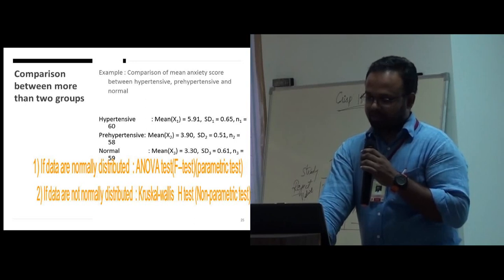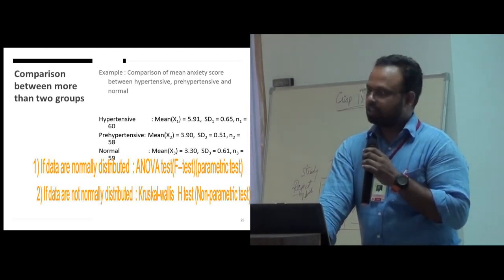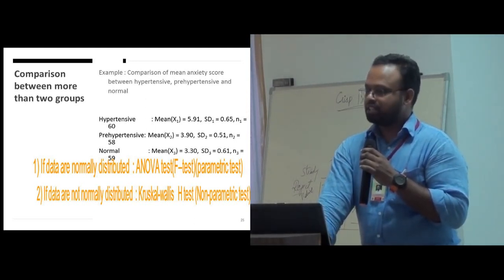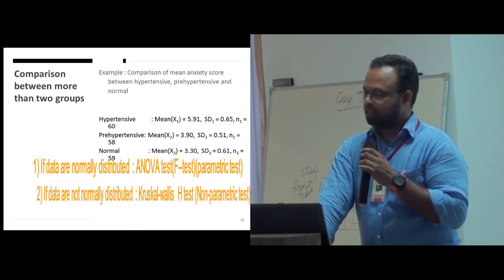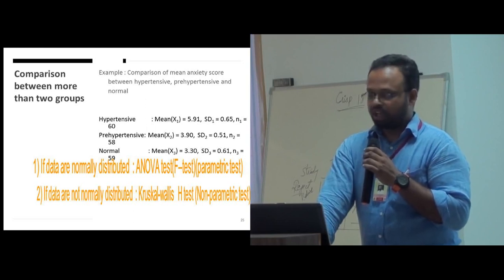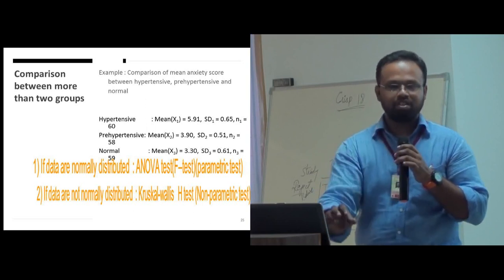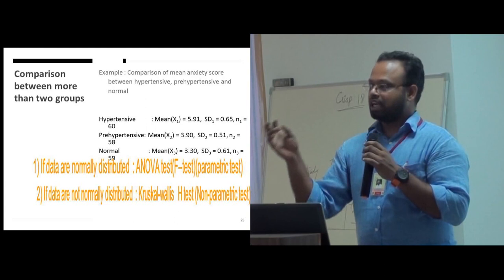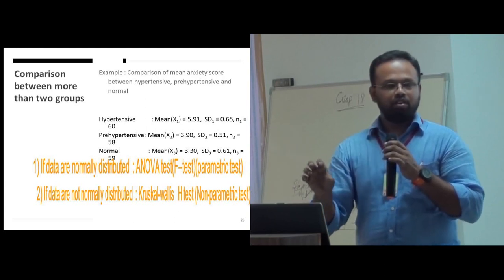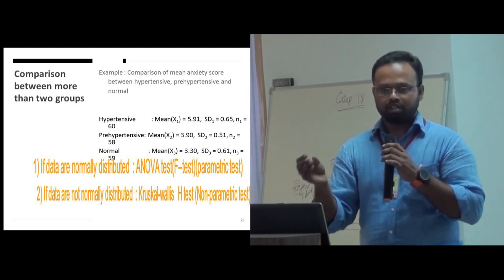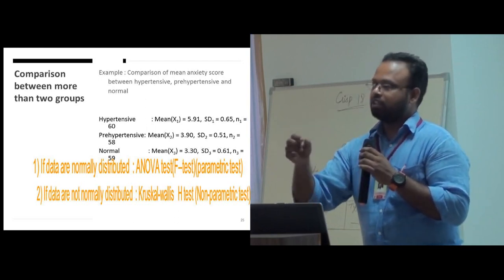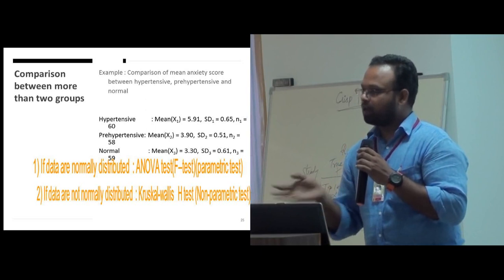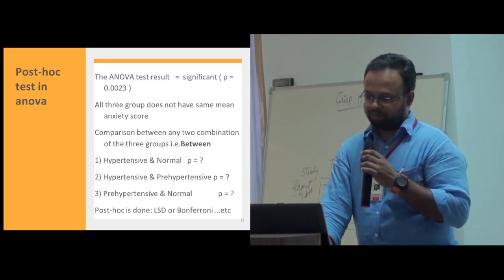The answer is ANOVA, the F test, which is a parametric test. If it is not normally distributed, you should use the Kruskal-Wallis test. These are all just names of the tests. If you know how to click that button in the statistical software, the p-value will automatically come. You need not bother about anything beyond it.